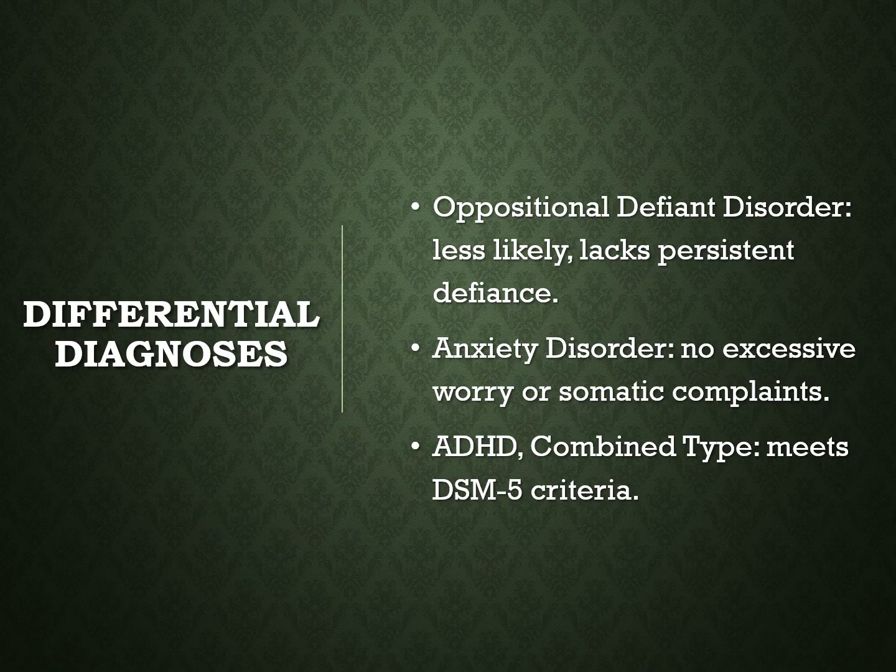In my differential diagnosis, I considered oppositional defiant disorder, since disruptive behaviors can overlap. However, JM does not exhibit persistent anger or defiance towards authority. I also considered an anxiety disorder, as restlessness and inattention can occur with anxiety, but JM does not demonstrate excessive worry or somatic complaints.